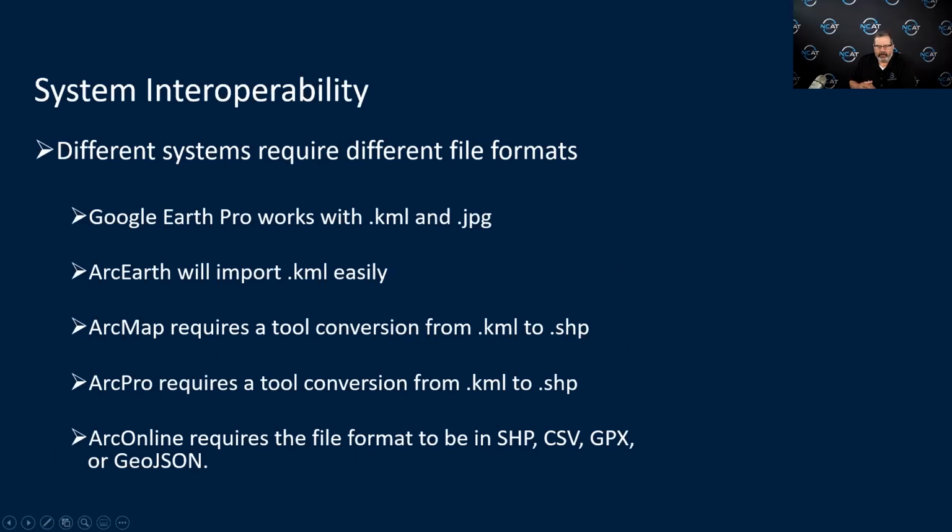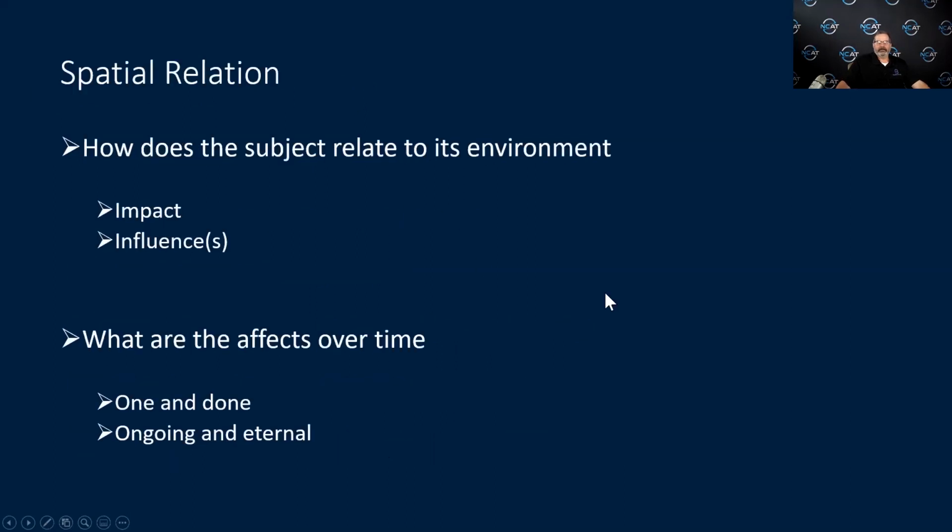And ArcPro requires a tool conversion from KML to shapefile. And ArcOnline requires the file format to be a shapefile, a CSV file, a GPX, or a GeoJSON. So that's what they need in order for you to bring them in. But fortunately, we won't be working with all those.